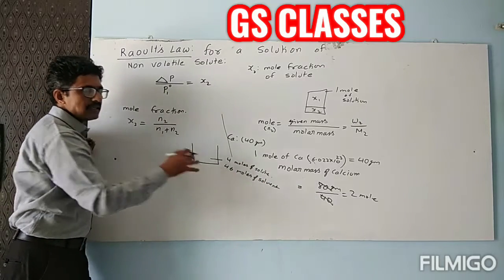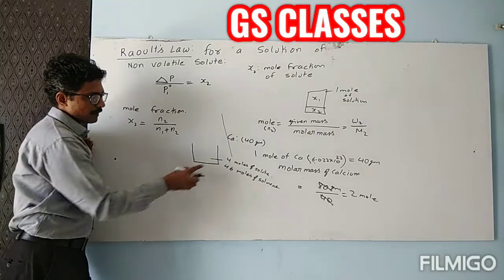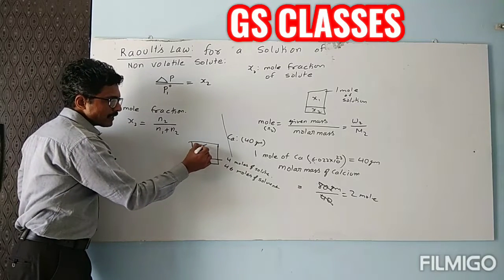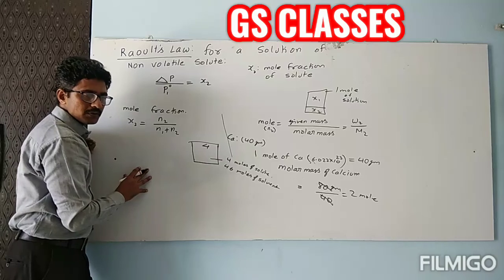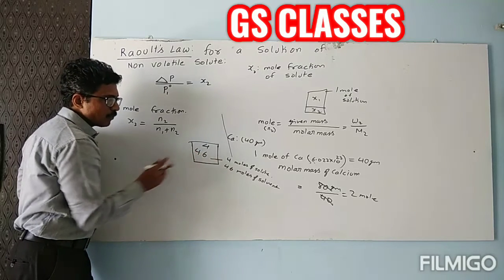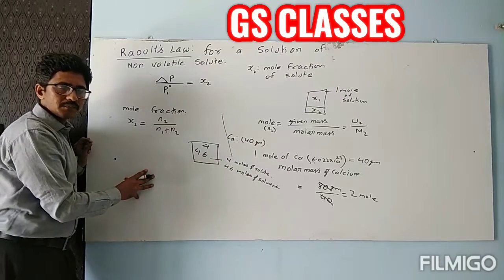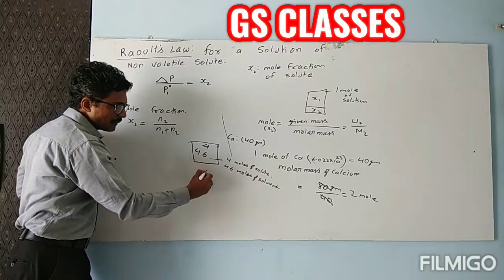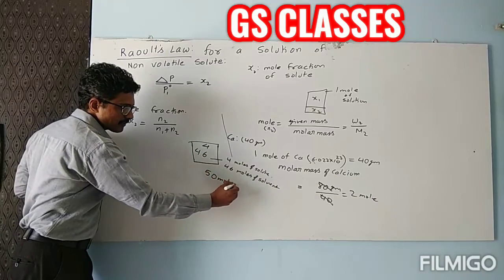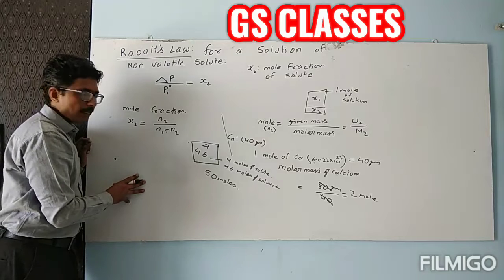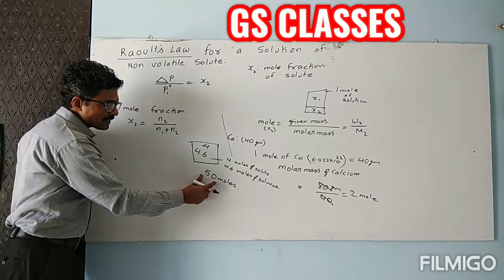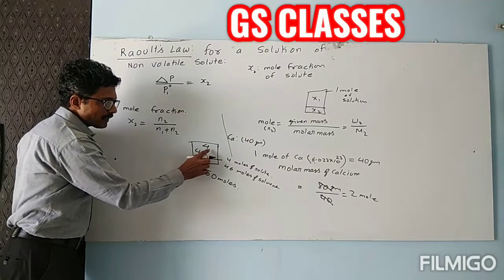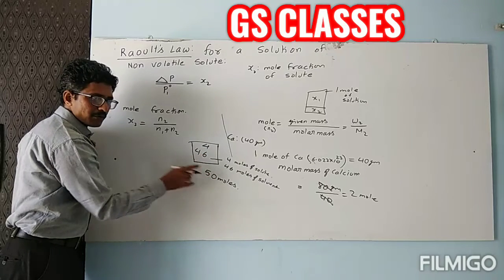Always solvent is large in amount. This solution is now containing 4 moles of solute and 46 moles of solvent. Total number of moles will be 50 moles. Yes. If I am adding 4 and 46 together, it becomes 50 mole.